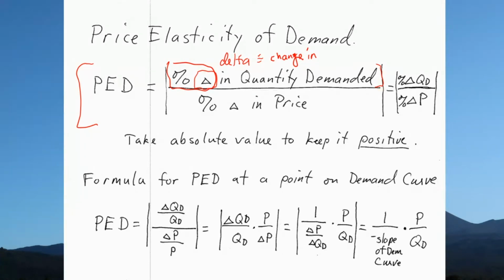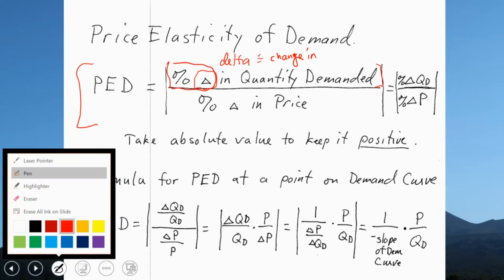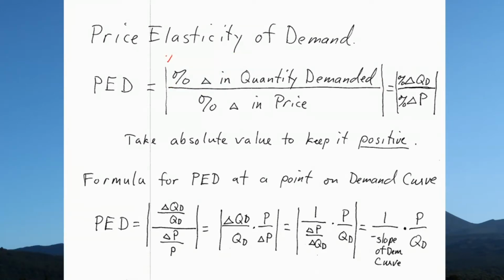Now, looking at percentage changes, that means that there has to be a before price and an after price. There has to be a before quantity and an after quantity. And then we're going to look at how the quantity and price changed. This will be moving down along a demand curve to calculate this ratio and to construct the price elasticity of demand. Now, the other element in this definition is the absolute value signs.